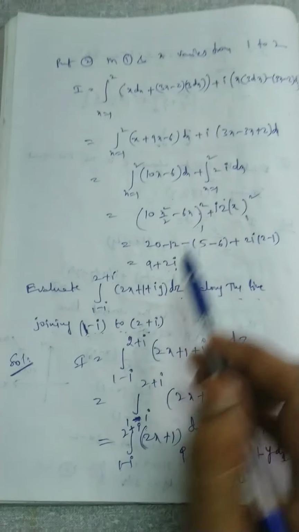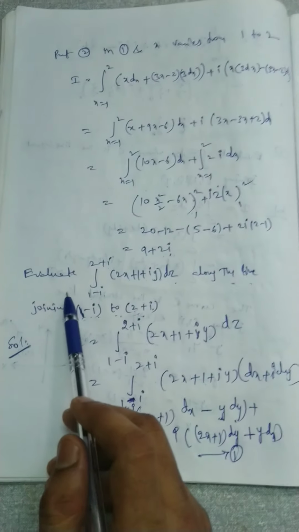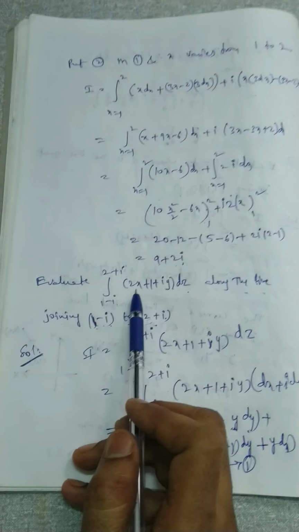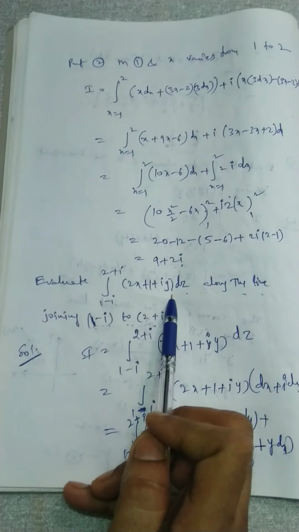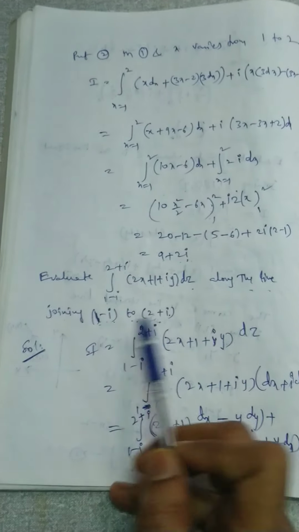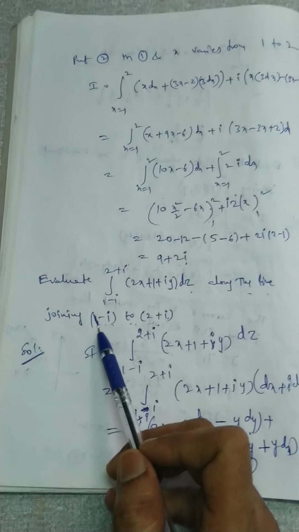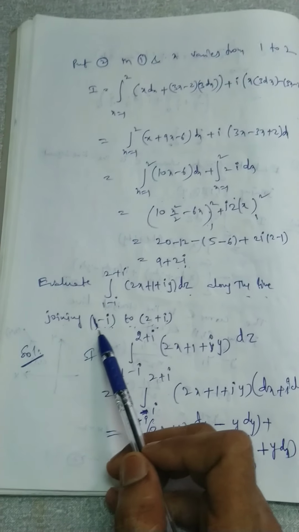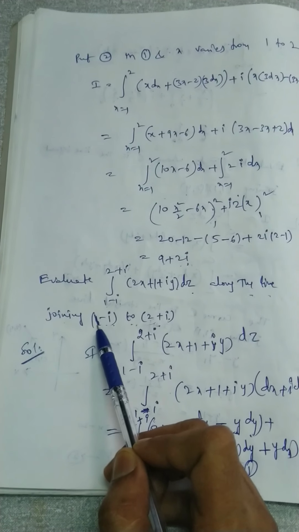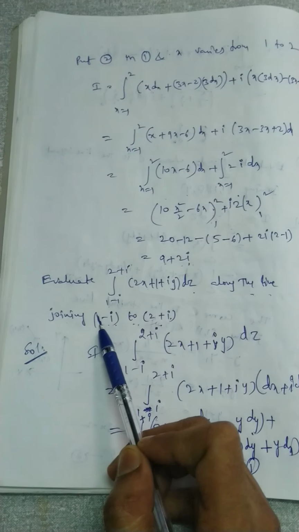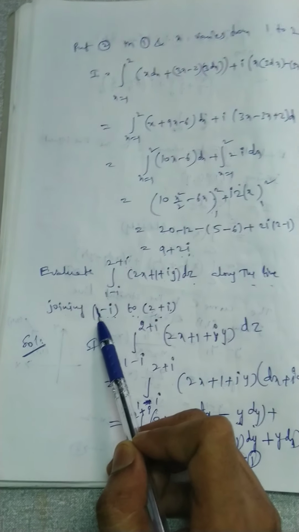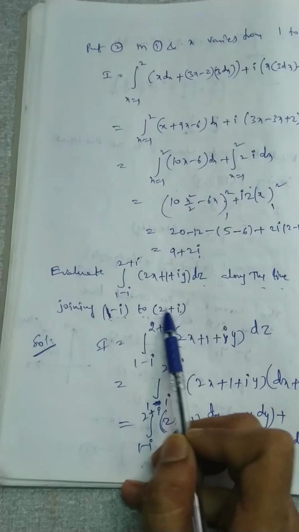And you can see one more problem: evaluate the integral from 1 minus i to 2 plus i of 2x plus 1 plus iy dz along the line joining 1 minus i to 2 plus i. Here the line joining is not given in terms of ordered pairs, but in the form of complex numbers a plus ib and c plus id.